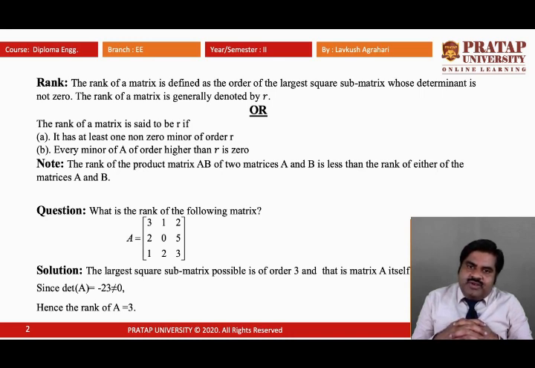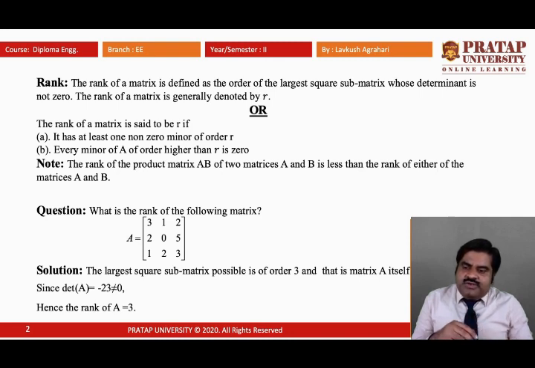In the same way, we can find the rank of the matrix is 1. Also, the rank of the product matrix AB of two matrices A and B is less than or equal to the rank of either of the matrices A and B. So this is the definition of the rank.